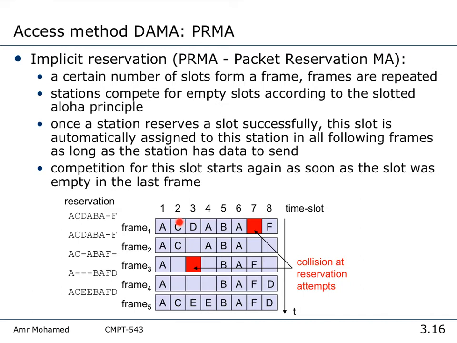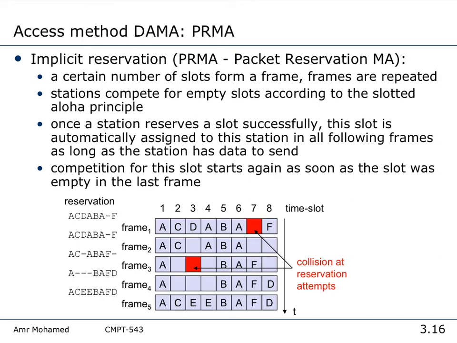Here node C has given away its time slot at frame 3. When node C stops sending, then the access point will declare this as an available time slot. It will put it in the pool of available time slots. Okay, that's it.